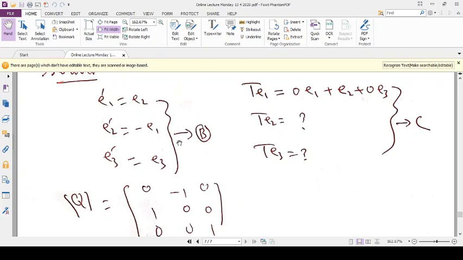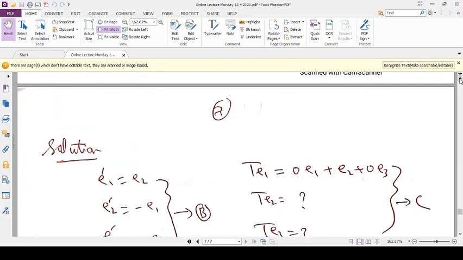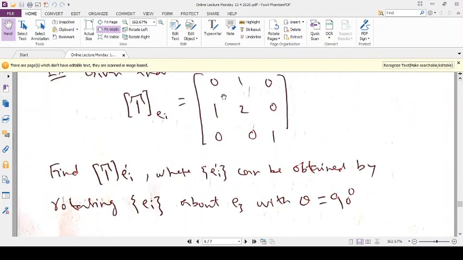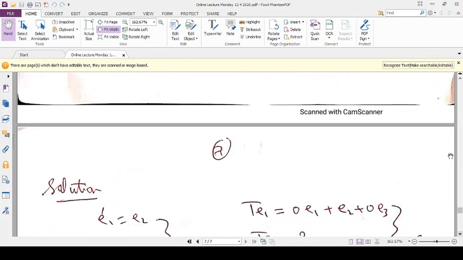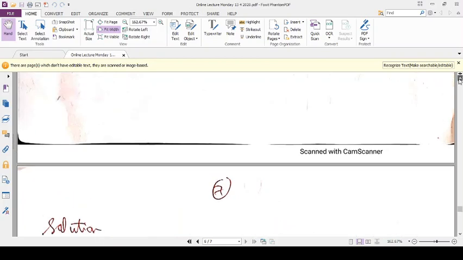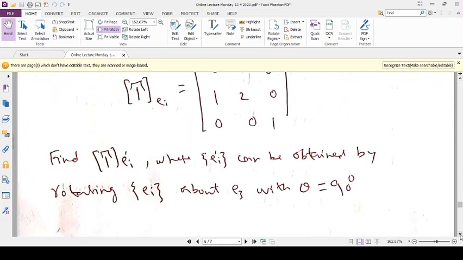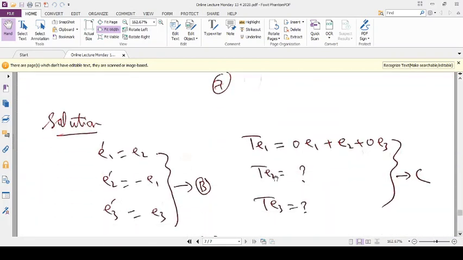This is equation number B and this is C. From this equation C, Te1 will be equal to 0 times e1 plus 1 times e2 plus 0 times e3. Then you write Te2, Te3, and you will have this complete equation C.